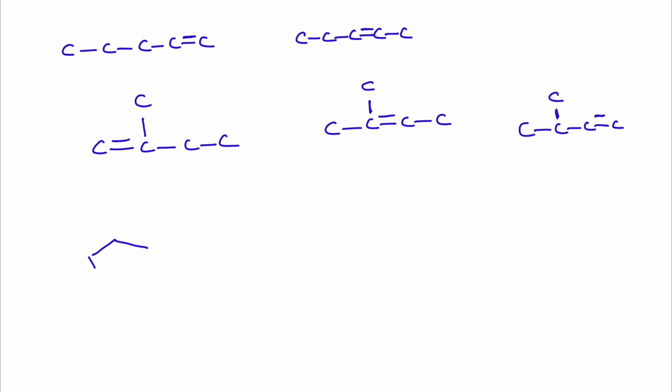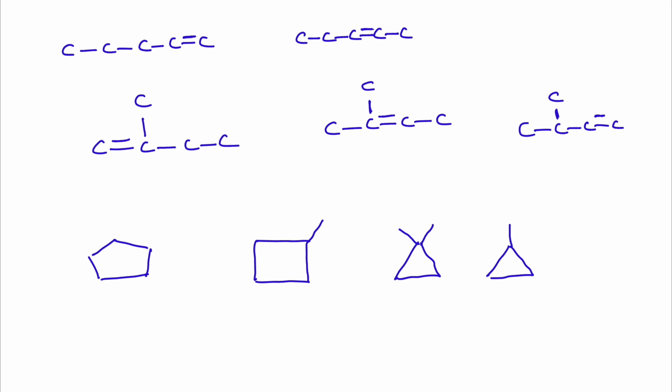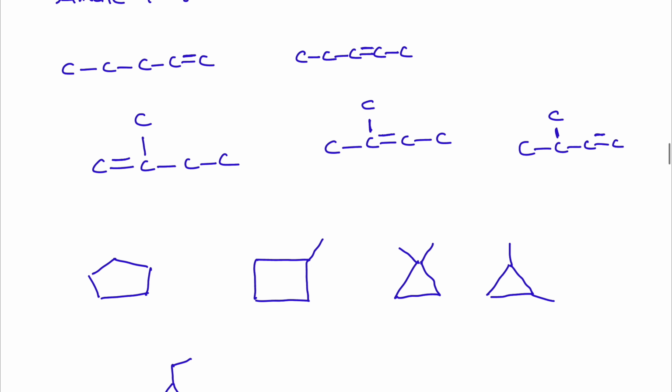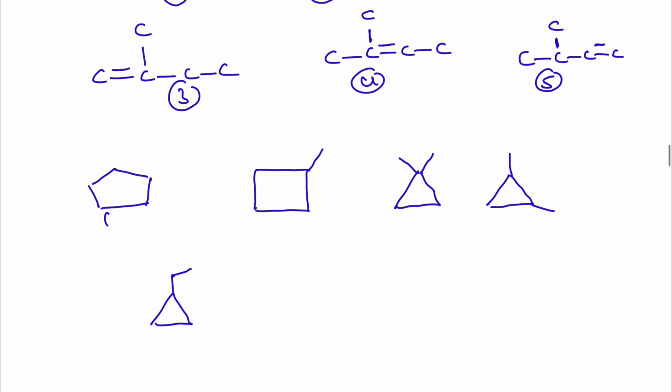So that is a 5 carbon ring, that is cyclopentane. 4 carbon ring with a methyl substituent, 3 carbon ring with 2 methyl groups on the same carbon, 2 methyl groups on adjacent carbons, and an ethyl group. So these are the possibilities. Here this is the first one, second one, third one, fourth, fifth, 5 are alkenes, 6, 7, 8, 9 and 10. So 5 are ring chain structures.